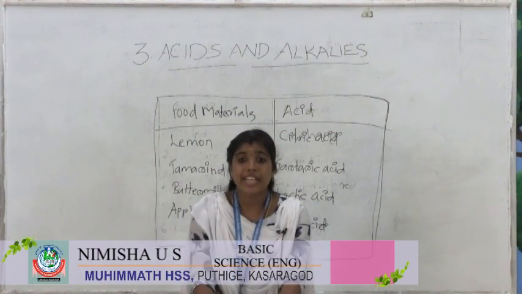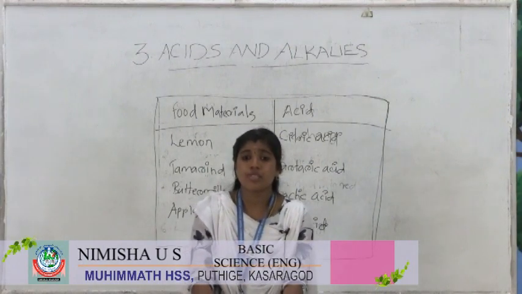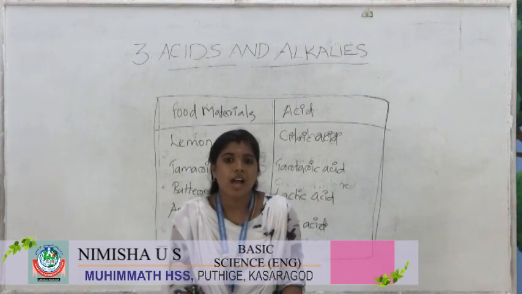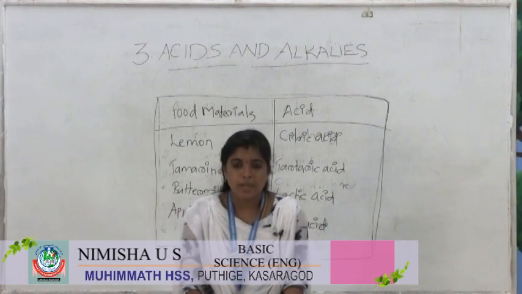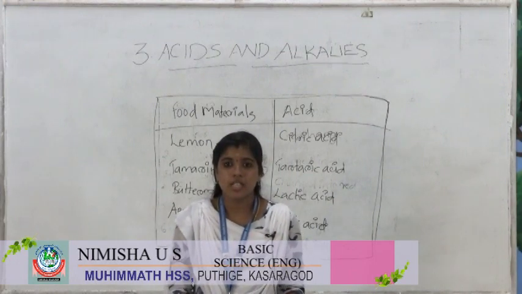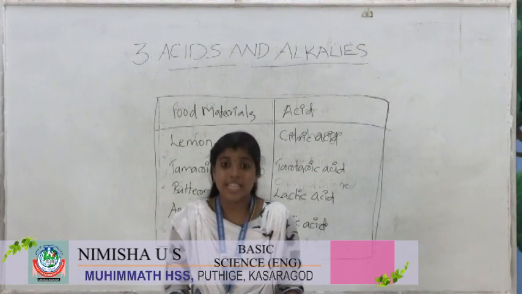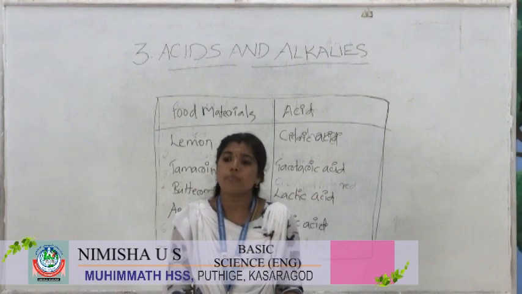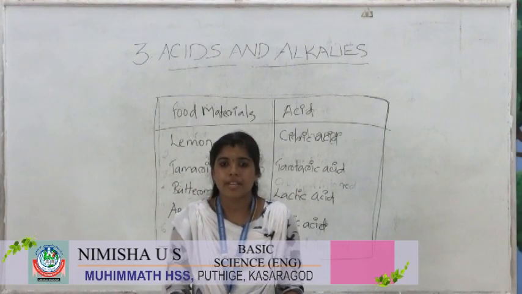In the first experiment, we used a paper named hibiscus paper. It is used to identify the presence of acids in solutions. So let's see how the hibiscus paper is made.